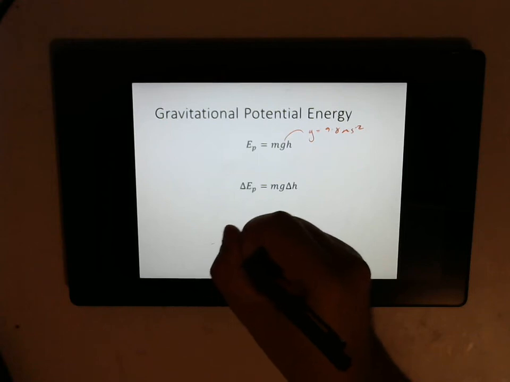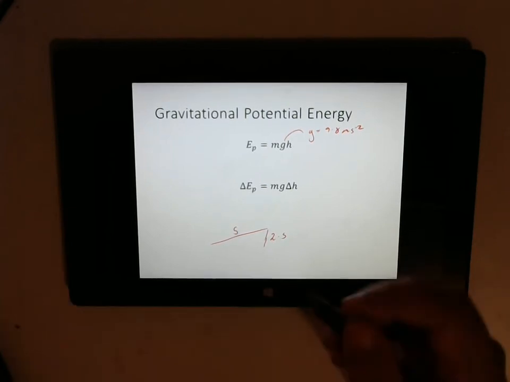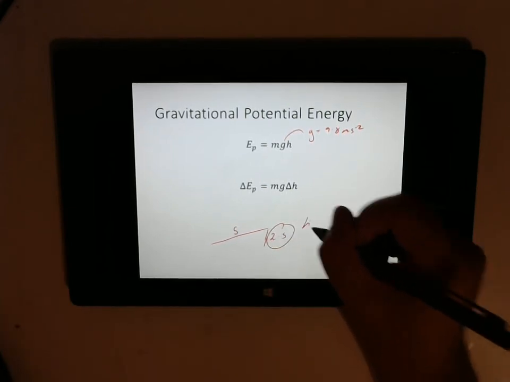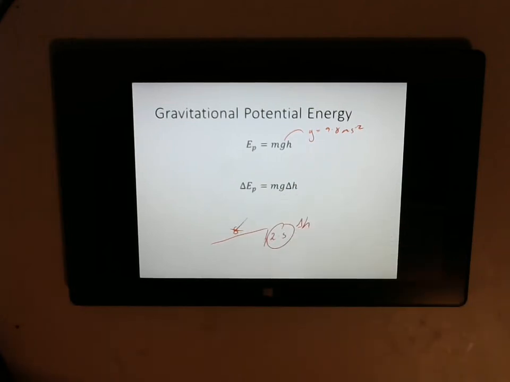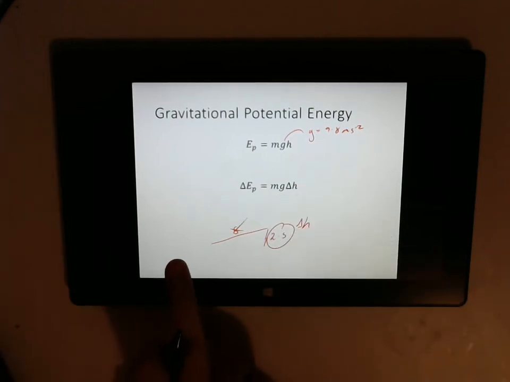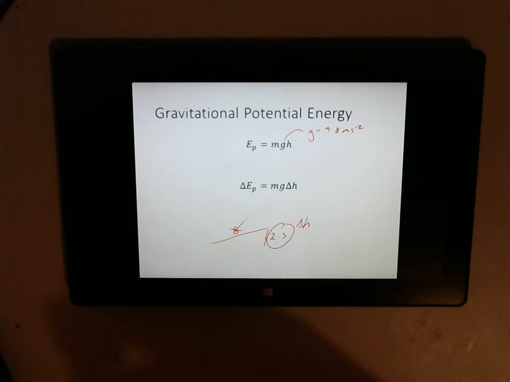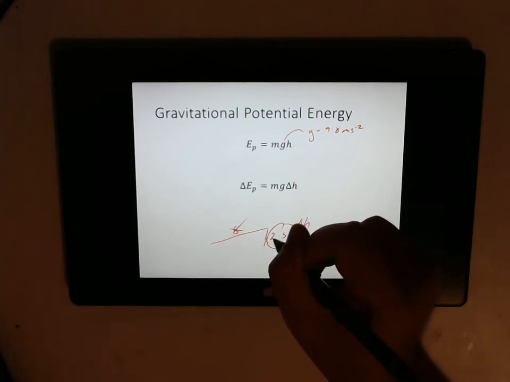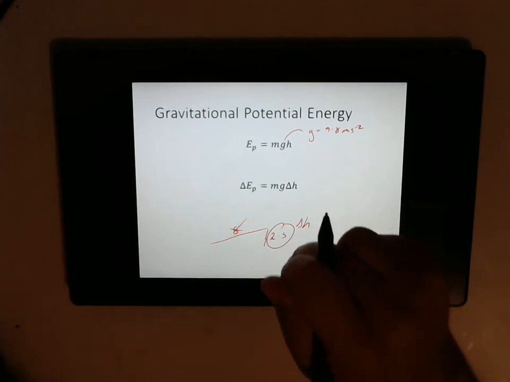So for this picture, if this is 5 and this is 2.5, this is delta h, okay? Not that. You could take a 10 meter long ramp, a 20 meter long ramp, a 500 meter long ramp. Doesn't matter. How long the ramp is doesn't matter, outside of using the angle to work out the height with a bit of trigonometry. It is just the vertical height.